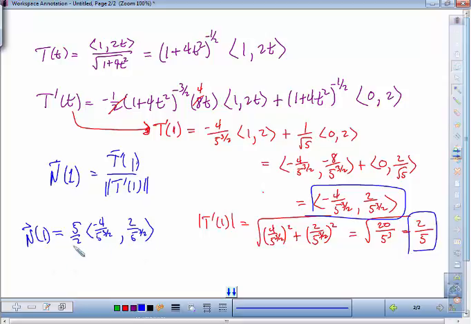Let's see how this is going to work. 5s would cancel, so I have the square root of 5 in the denominator. And 2s would cancel, so that will leave 1 on the y and then negative 2 in the x. So negative 2 over root 5 and 1 over root 5.